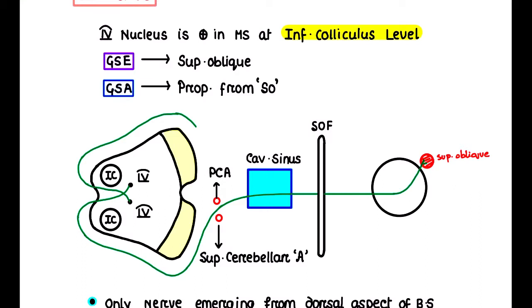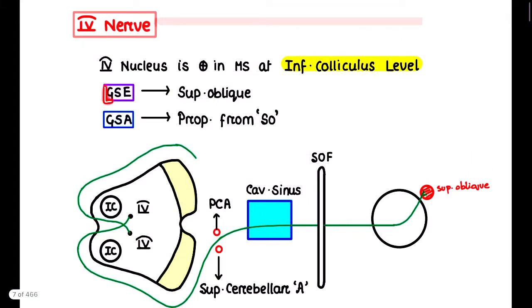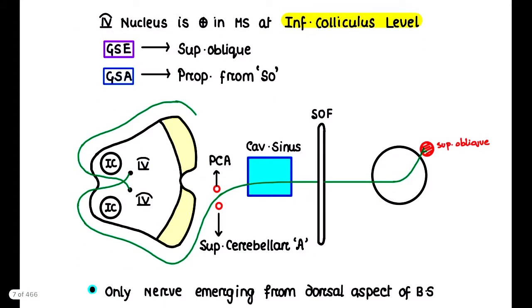If you recall the points we discussed on cranial nerve nuclei and columns, the GSE consists of this cranial nerve 4 nucleus. Similarly, the general somatic afferent column receives proprioception from the superior oblique muscle.